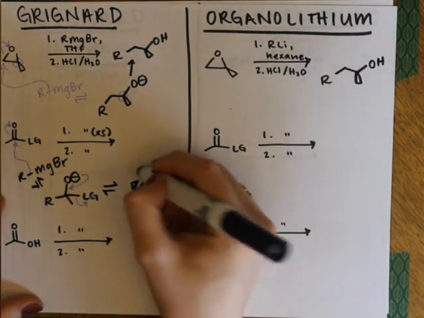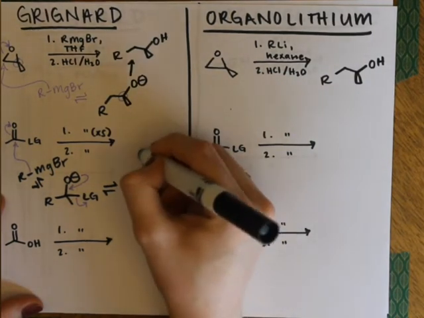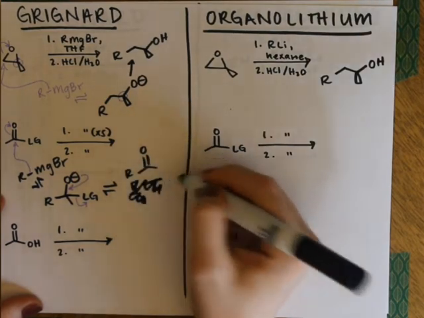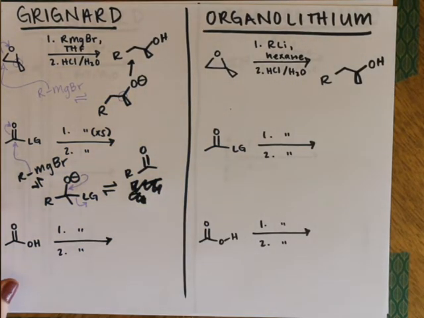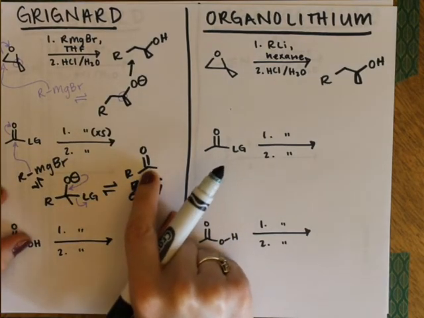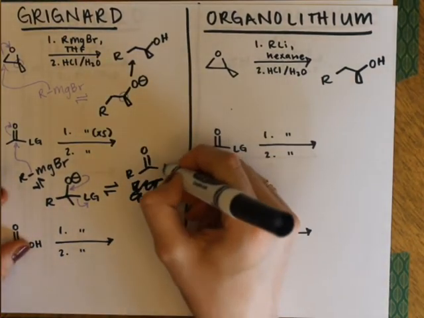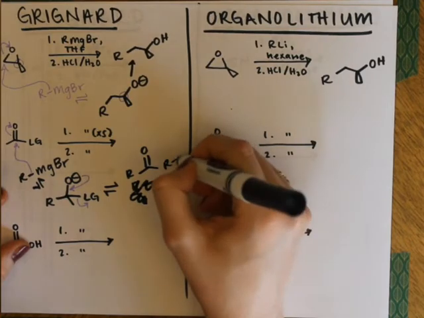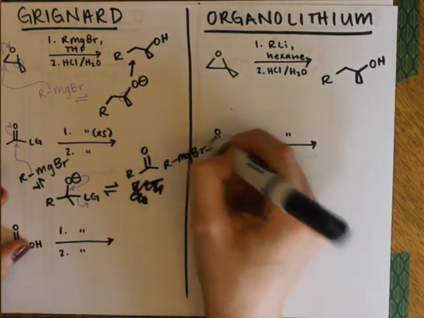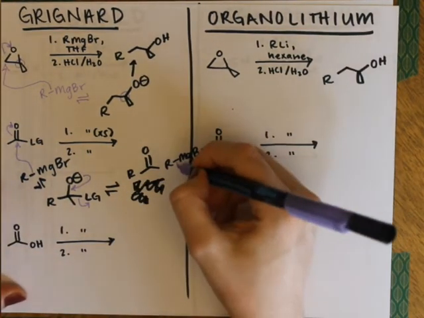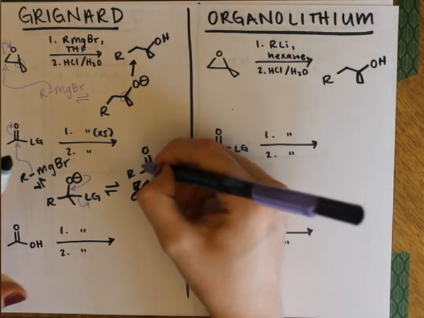Oh my goodness, I did it again. I got my leaving group to leave. Now what do I have? Well, this looks a lot like a ketone. So this ketone can react again with another molecule of my Grignard.